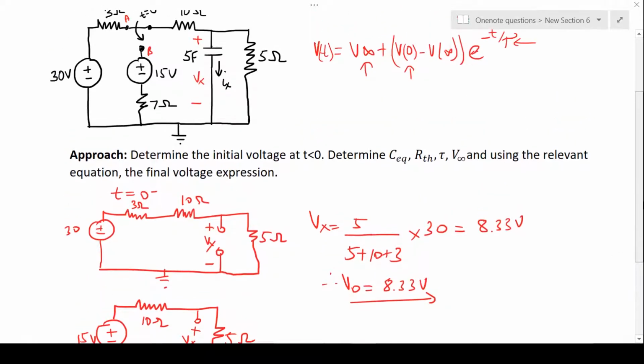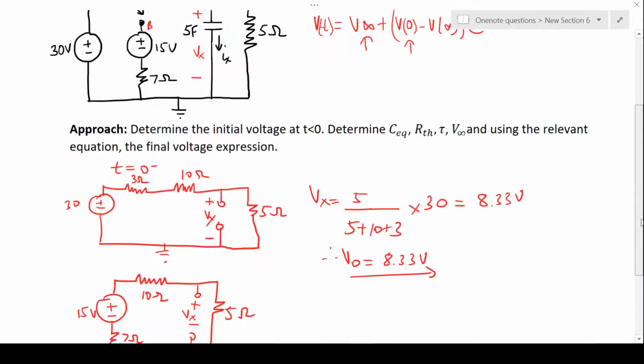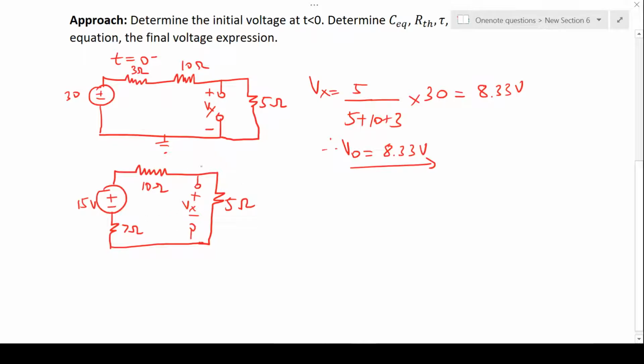This is at time t now equal to infinity. Right, and we will be looking for Vx, which again is going to give us 5 over 5 plus 10 plus 7 this time, multiplied by 15.